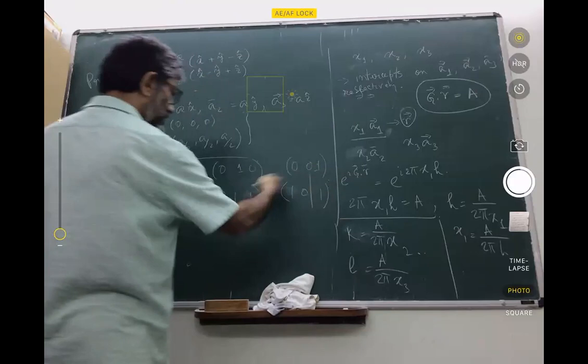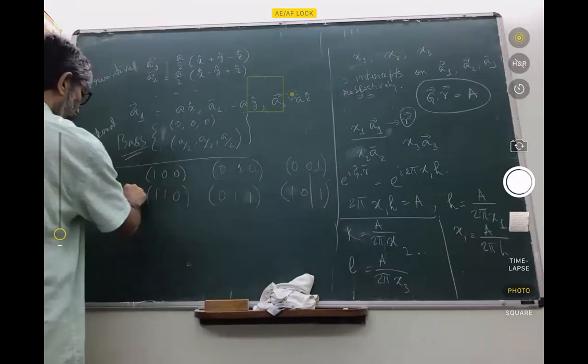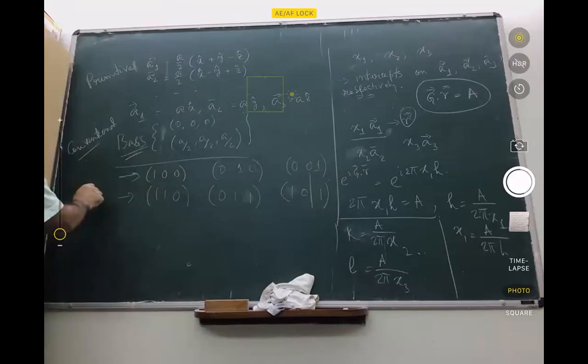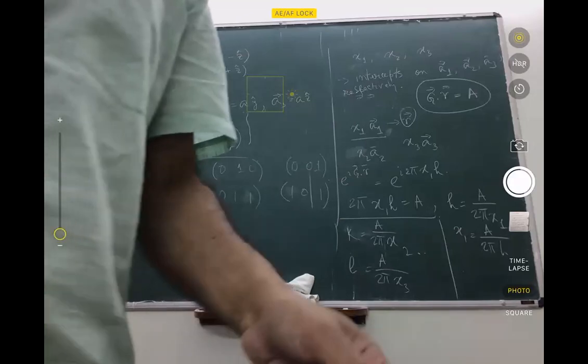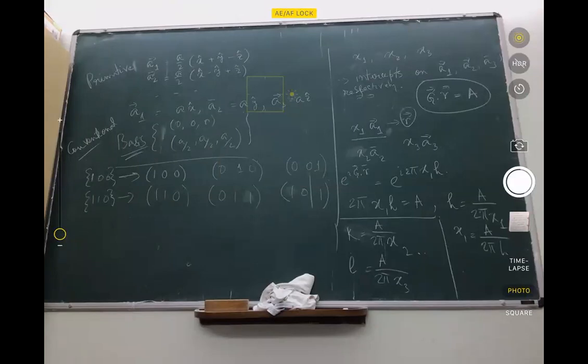So these taken together are represented as the 1, 0, 0 family of planes. This would be the 1, 1, 0 family of planes, and so on.